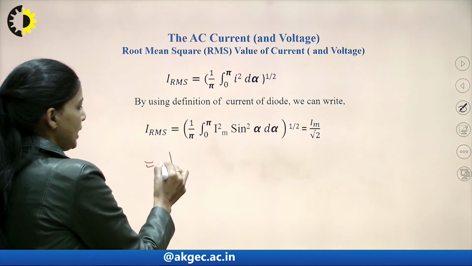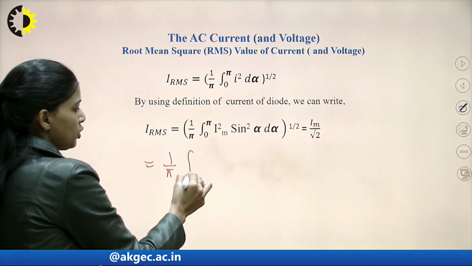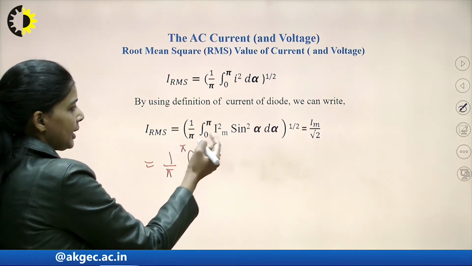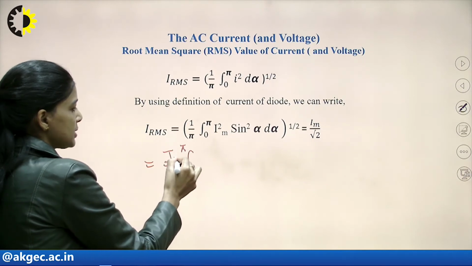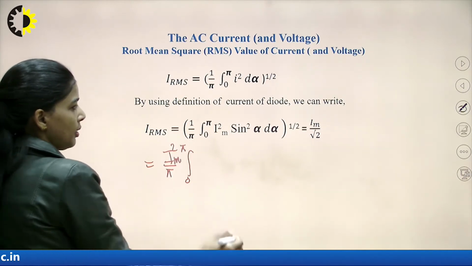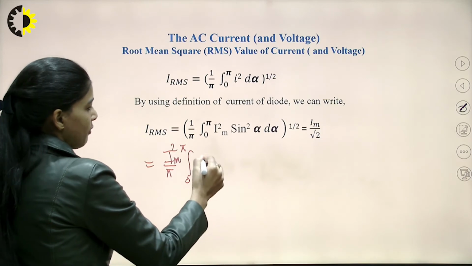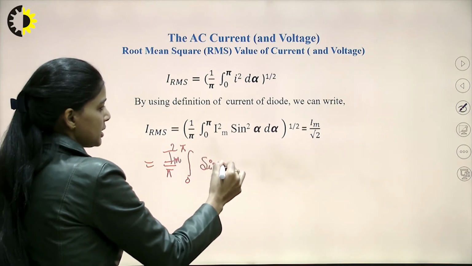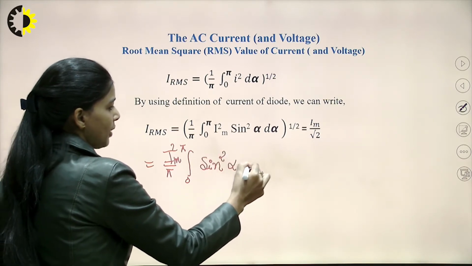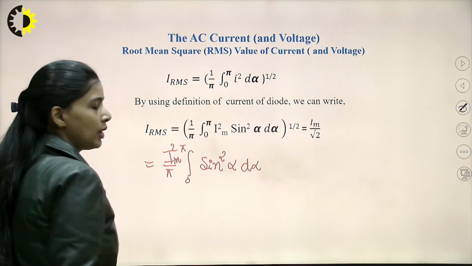1 upon pi 0 to pi, taking this Im square out of this integration as it is independent of alpha. Inside this integration I have sin square alpha into d alpha.